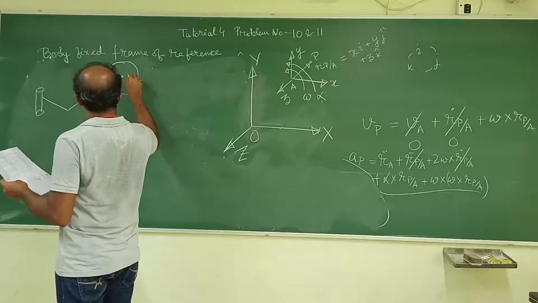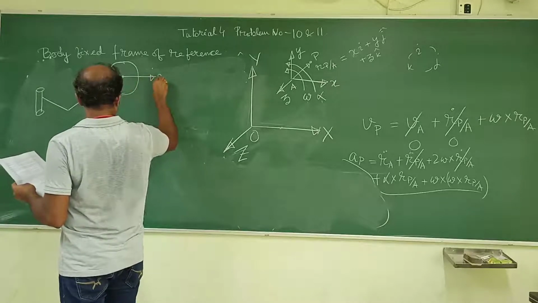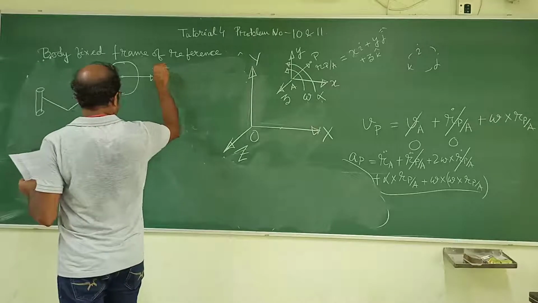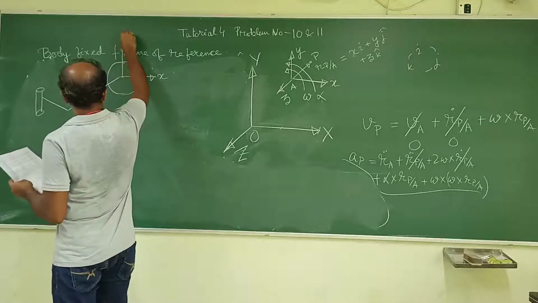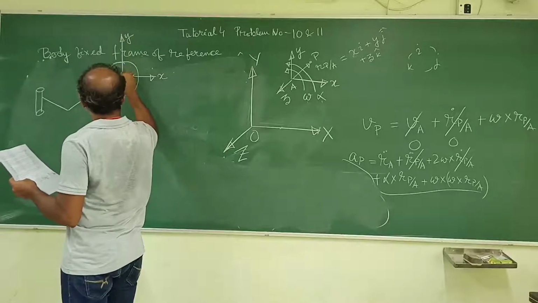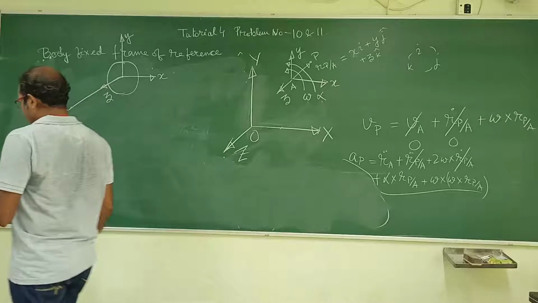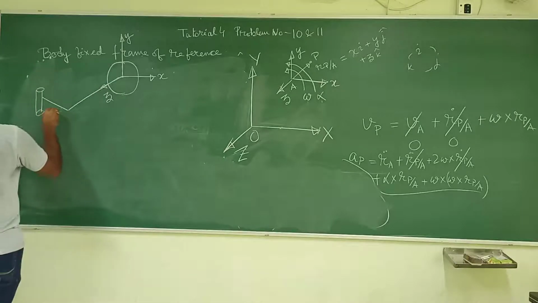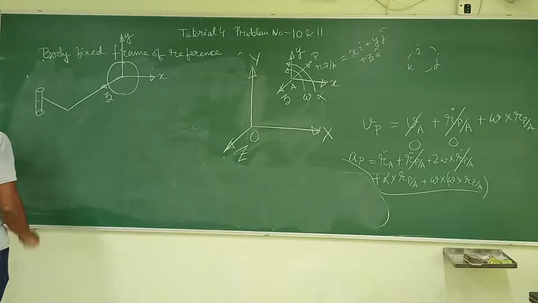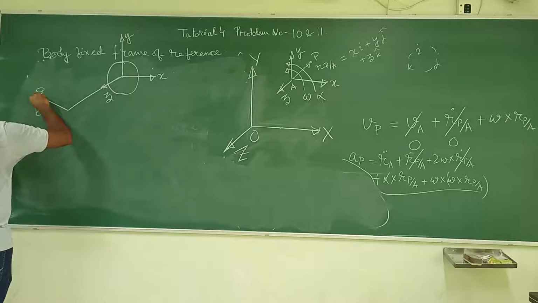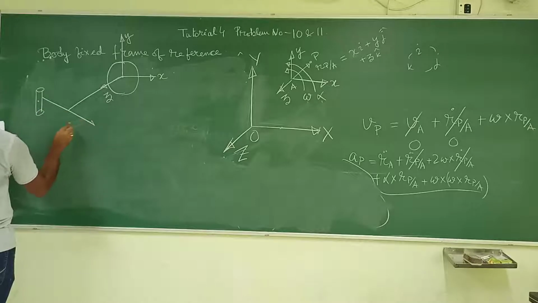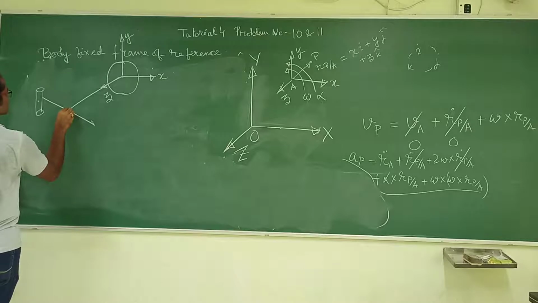So let's say this is my small x coordinate, this is my small y coordinate, and this is my small z coordinate. And similarly over here we are going to keep at this fixed point the inertial frame, which we denote like this, because this is the linkage we have to keep in mind.